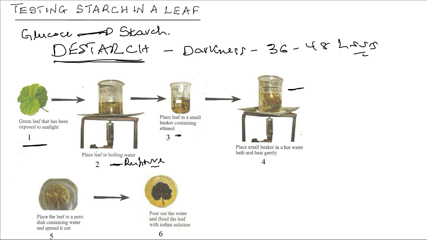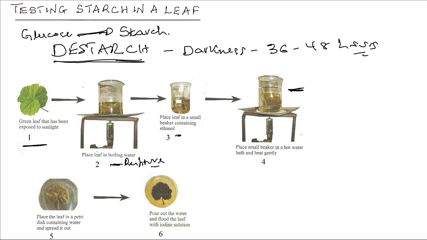So the boiling tube or the beaker containing the leaf and the ethanol is placed in a water bath, because you do not heat ethanol directly as it is highly inflammable. So we heat the ethanol indirectly in a hot water bath.